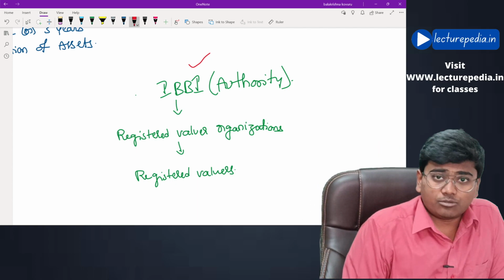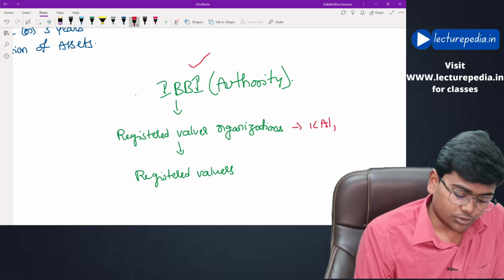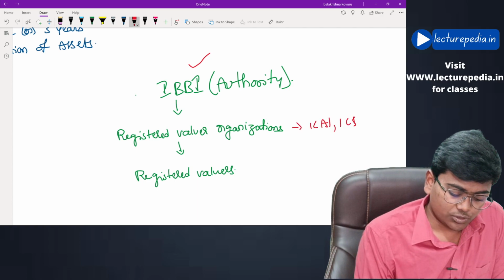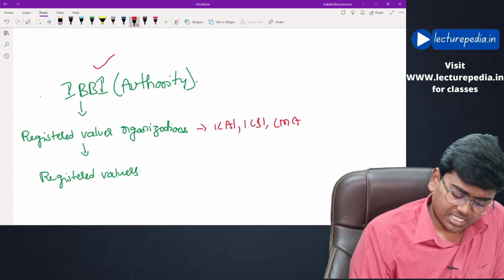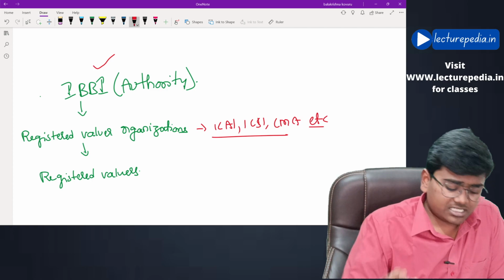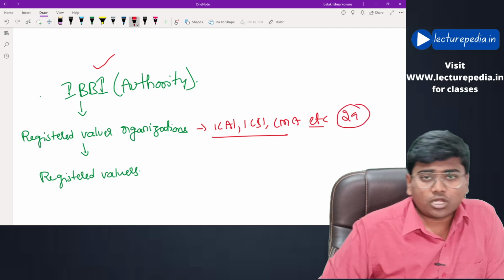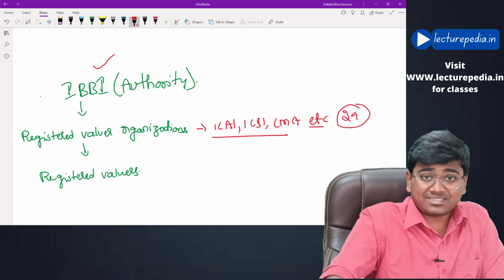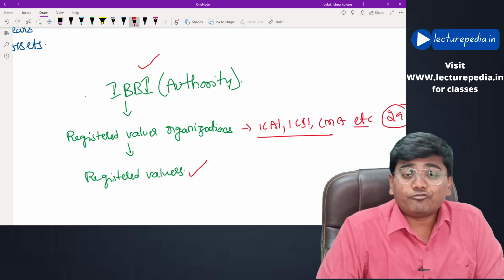Examples of registered valuer organizations would be our ICAI Institute, ICSI Institute, and also CMA Institute. There are various other registered valuer organizations. There are around 29 registered valuer organizations. Under these registered valuer organizations, there will be registered valuers.